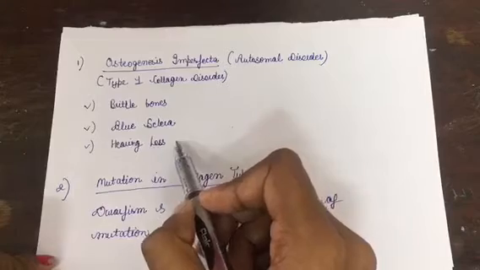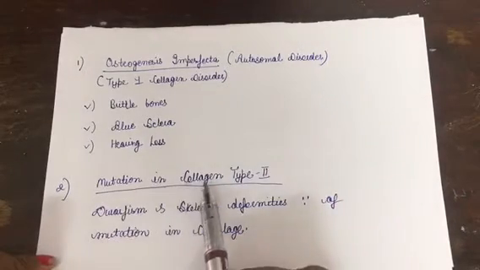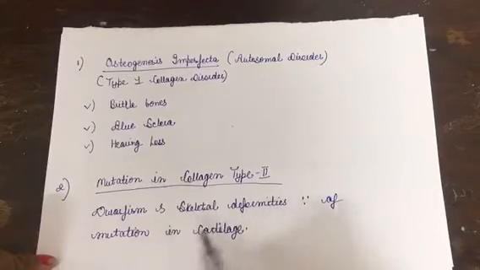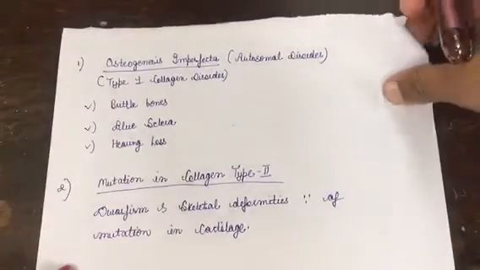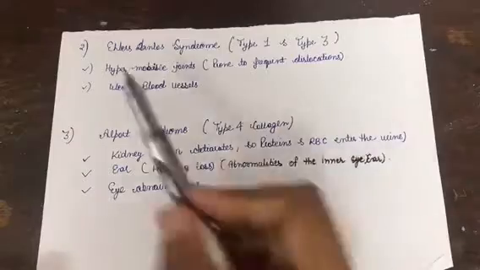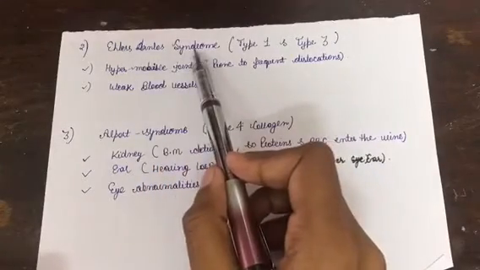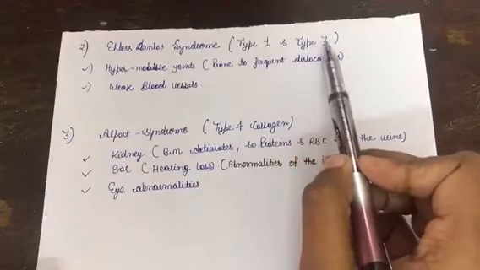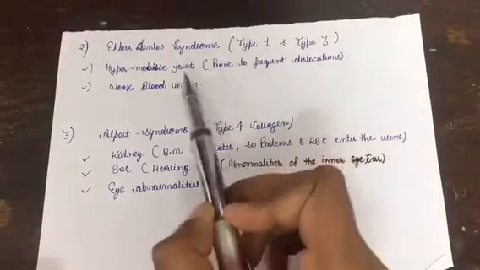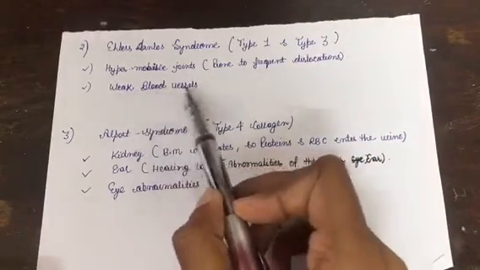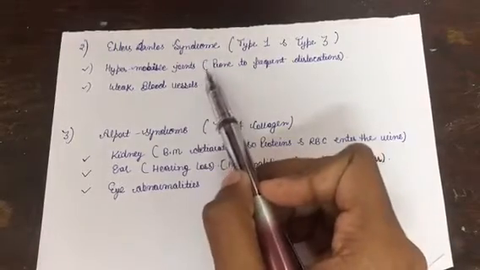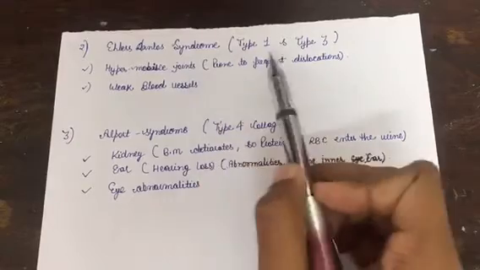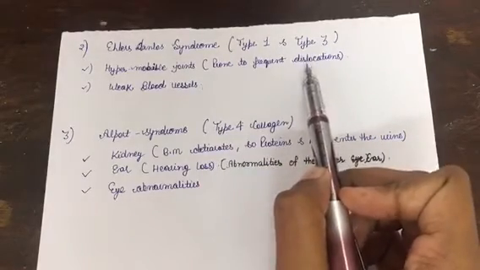Second is mutation in collagen type 2, causing dwarfism and skeletal deformities because of mutation in cartilage. And there is Ehlers-Danlos syndrome, which happens because of the mutation in type 1 and type 3. And in this, weak blood vessels, highly extensible skin, and hypermobile joints because they are prone to frequent dislocations, right?